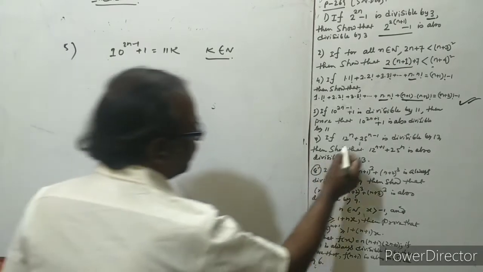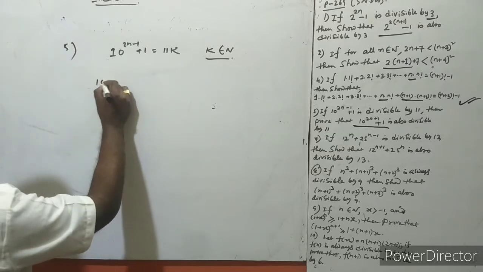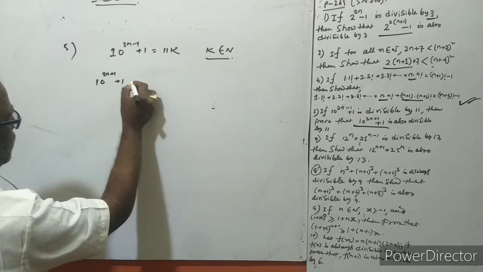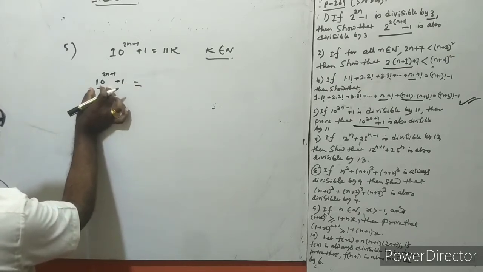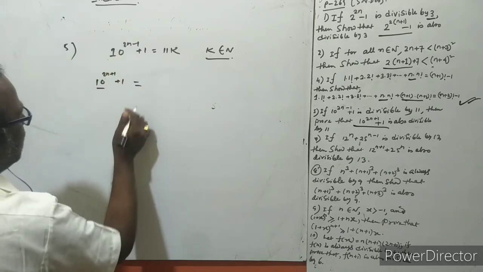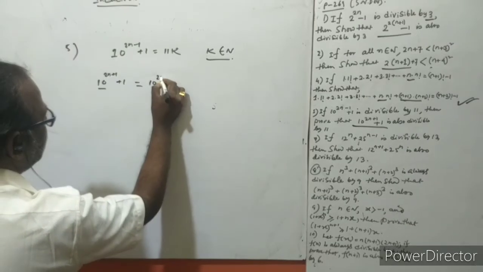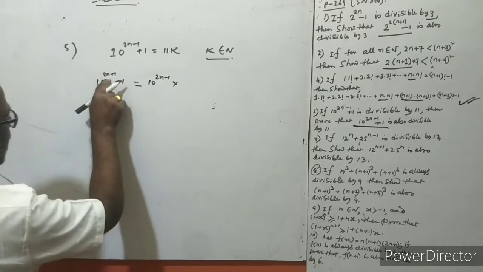Now we have to show this is also divisible by 11. Take 10 to the power 2n plus 1, plus 1 also, and compare this expression with the earlier one. So this expression is converted in terms of that, like 10 to the power 2n minus 1, plus 1.